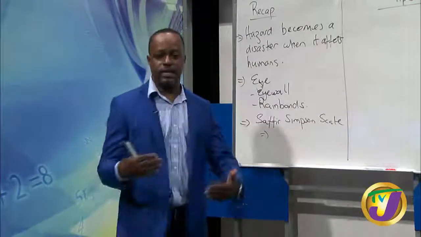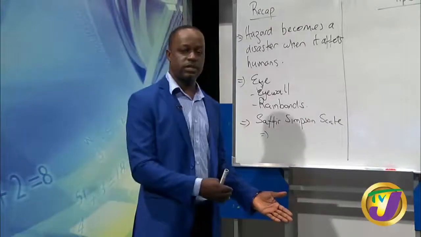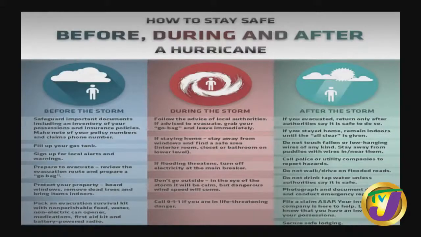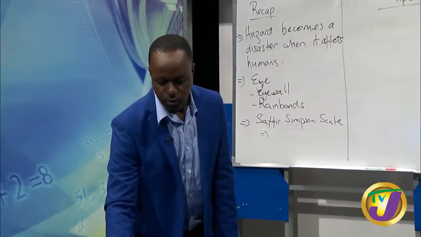Storm surge, this is how when we have huge amounts of water, as we said before, making its way from the sea, being pushed under the influence of the winds, structural damage to buildings, and of course, this can cause major damage to buildings on the coastal areas and also all the way inland. And that can completely take out your docks, your marinas, your Pier 1 in Montego Bay. All of those areas can be completely decimated with these strong winds and these storm surges moving on shore.